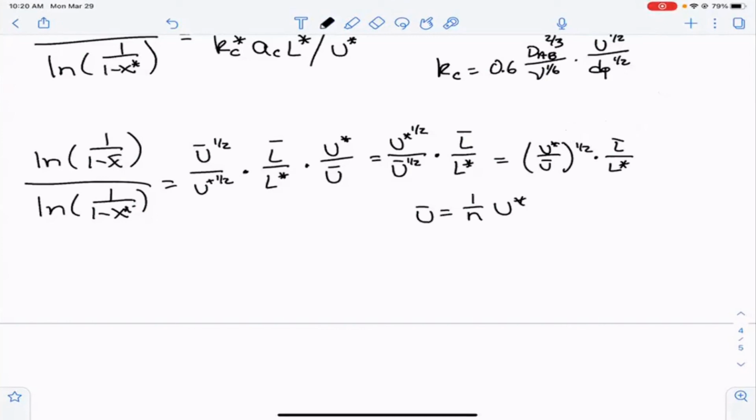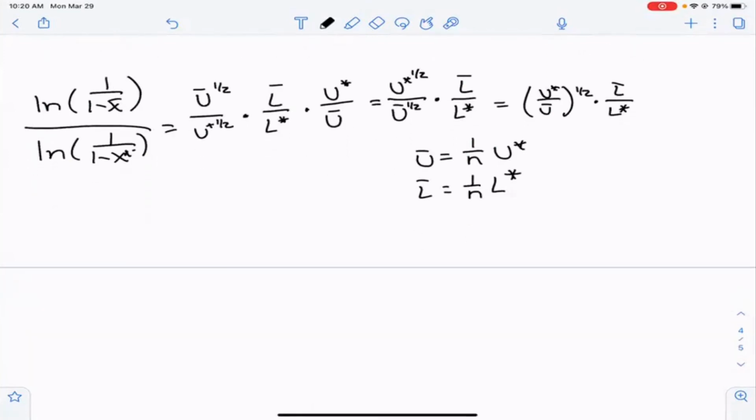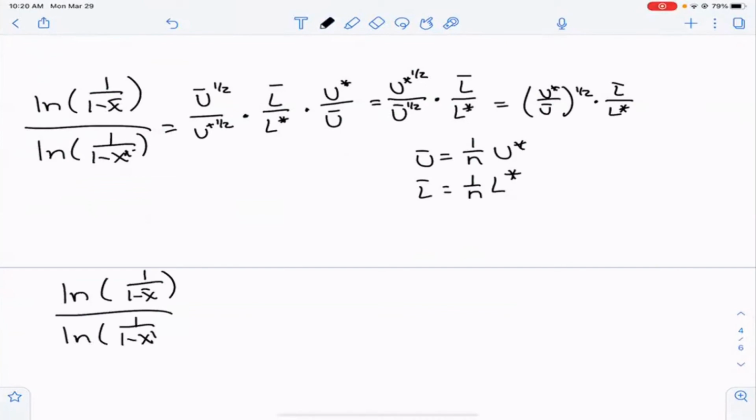And the same thing with the length. This length is equal to 1 over N times the thing that we called L star. So if we make this substitution, then the natural log of 1 over 1 minus X bar over the natural log of 1 over 1 minus X star is just equal to, substituting these things, the square root of N divided by N, where N is the number of tubes that we've broken this up into.